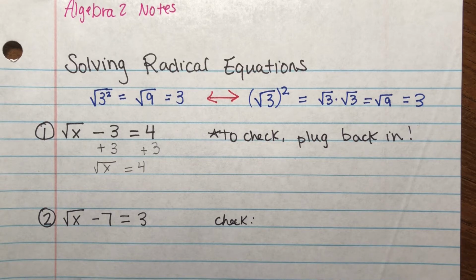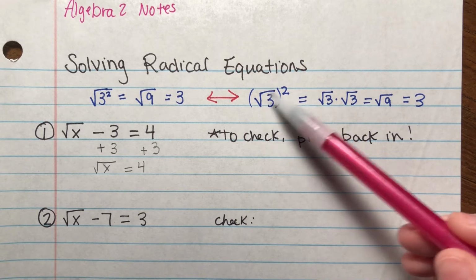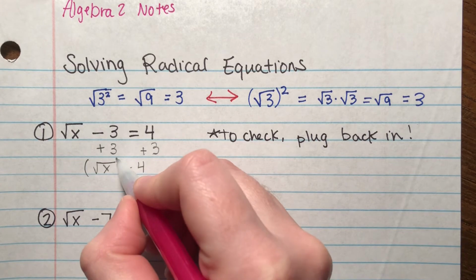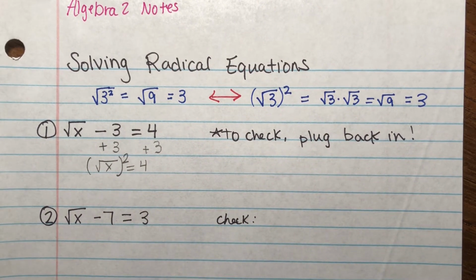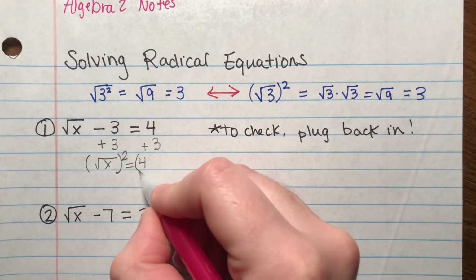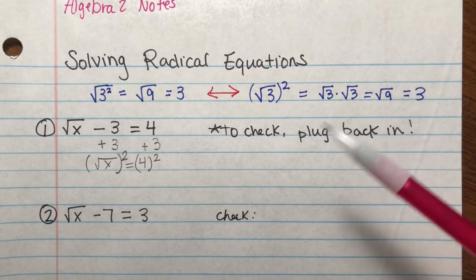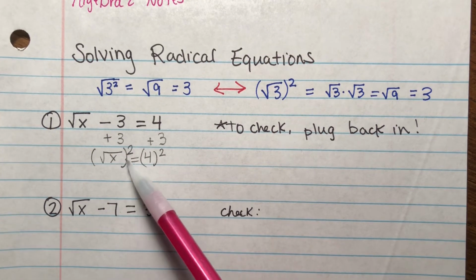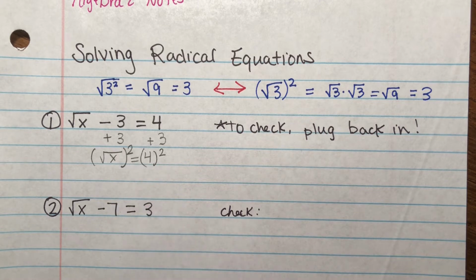Alright, so now, how do I get rid of this radical here just to get what's on the inside? Well, to do that, I need to square my radical. And remember, whatever I do to one side, I have to do to the other. So I also have to square the other side of the equation. So, I isolated the radical, I got it by itself. Now to get rid of the radical, I'm going to square it.